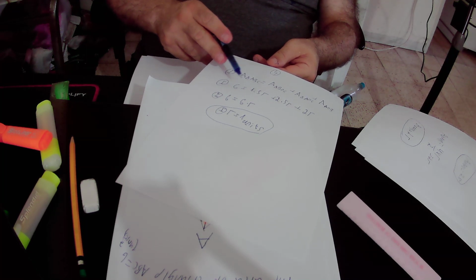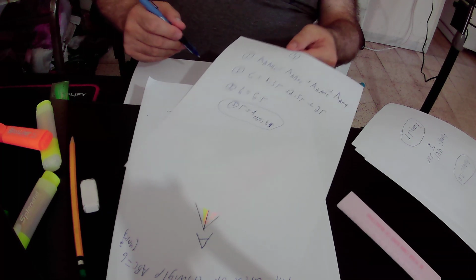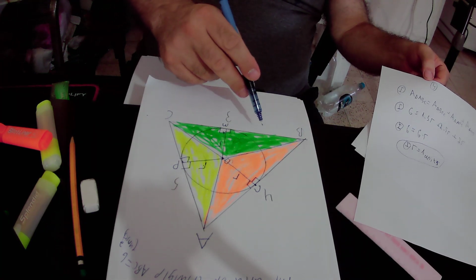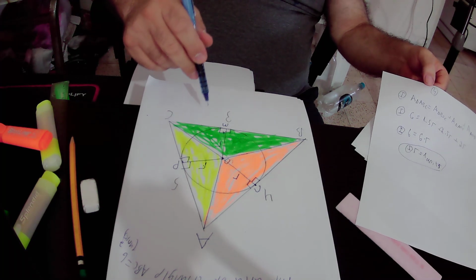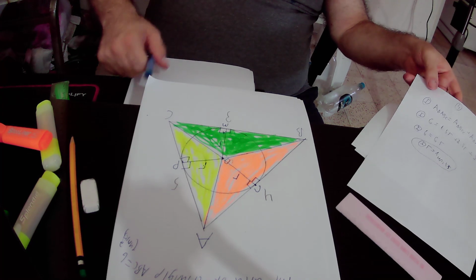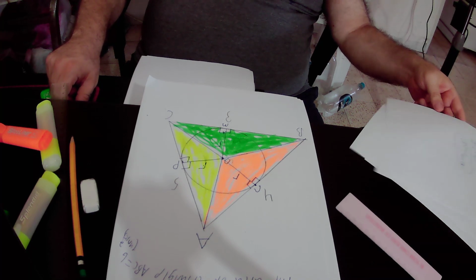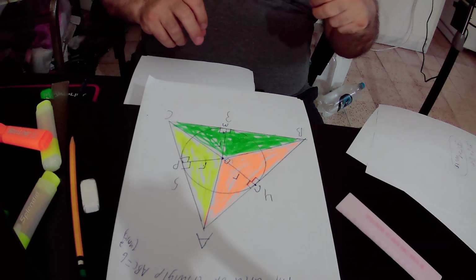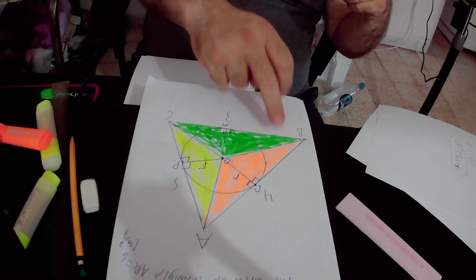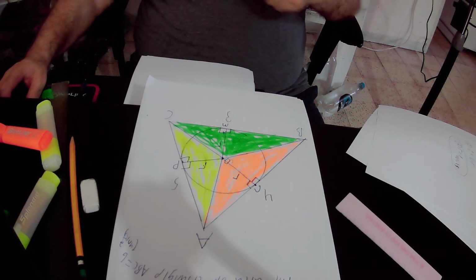So the answer to the question is that the radius of the circle inside triangle ABC equals 1 unit. Okay, thank you very much.